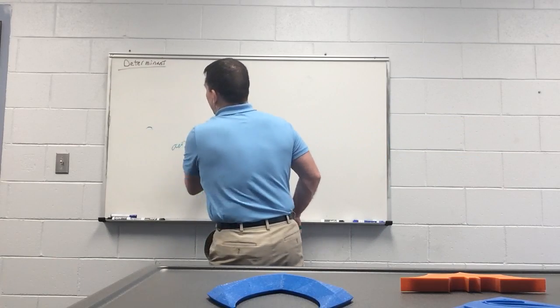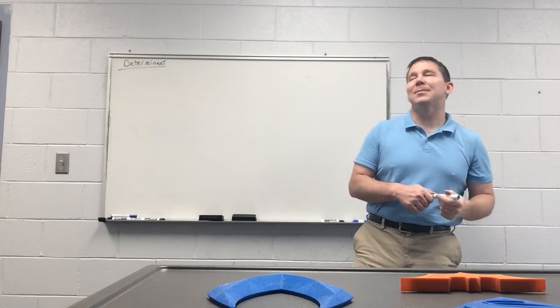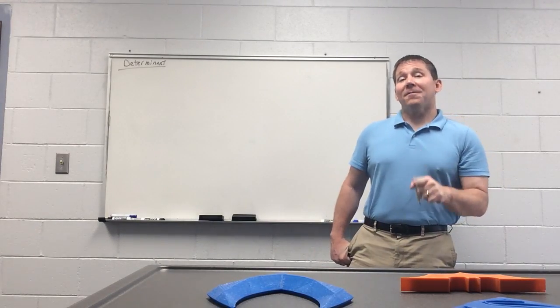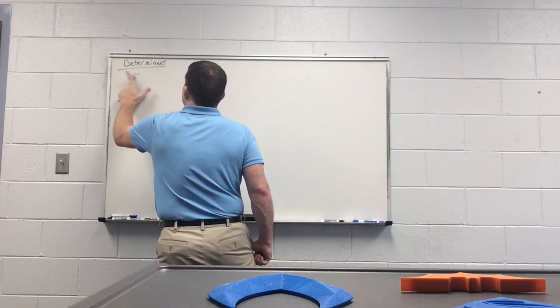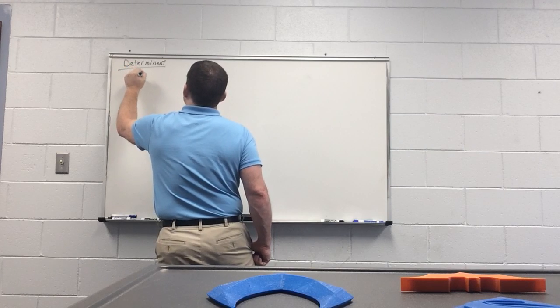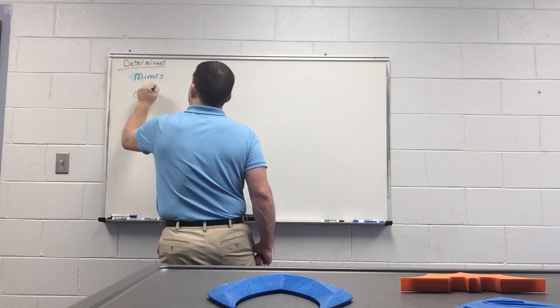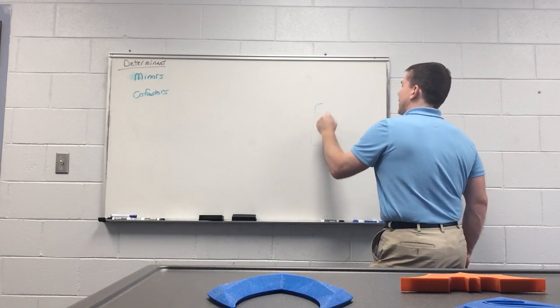But suppose we have a 3 by 3, 4 by 4, and so on. We'll start with a 3 by 3 matrix. In order to calculate the determinant, first we have to find what are called minors and cofactors. And we'll have an arbitrary 3 by 3 right over here.